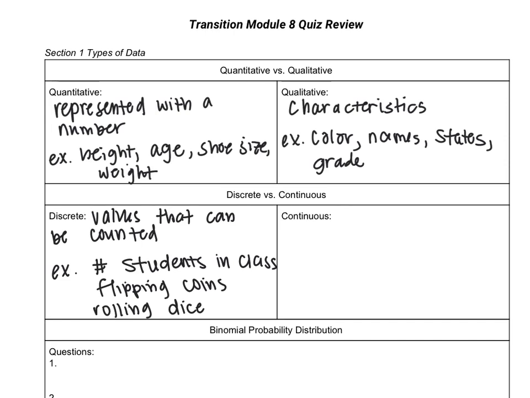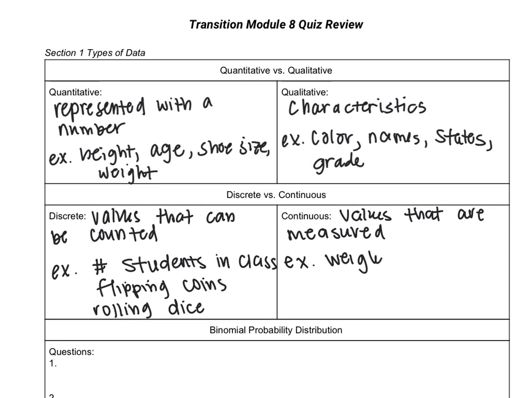Okay. Whereas continuous data are values that are measured. Okay. So for example, that can be weight.